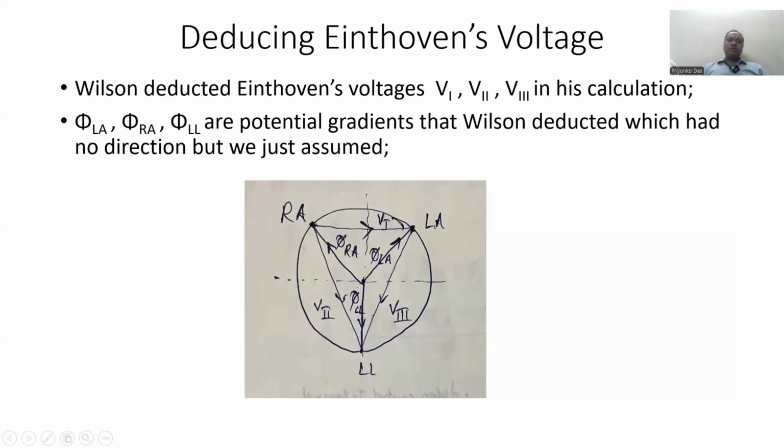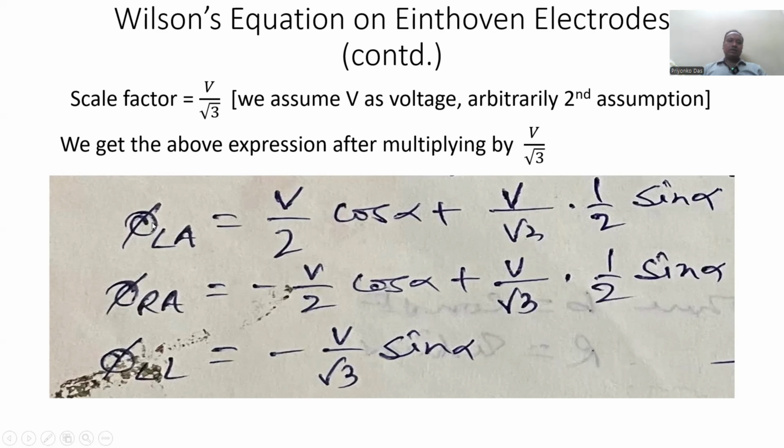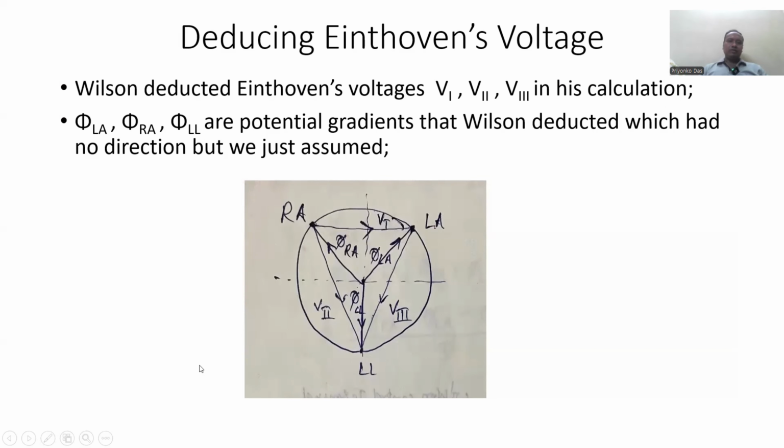Now, reducing Einthoven's voltages from Wilson's expressions, which are the phi LA, phi RA, and phi LL values. As per Einthoven, the voltages were V1, V2, and V3, and as per Wilson, the voltages are phi LA, phi RA, and phi LL.